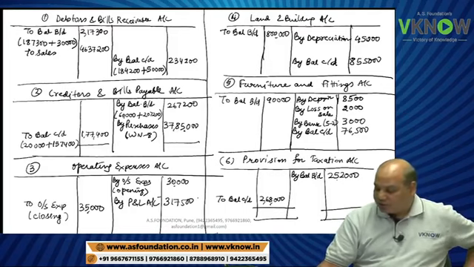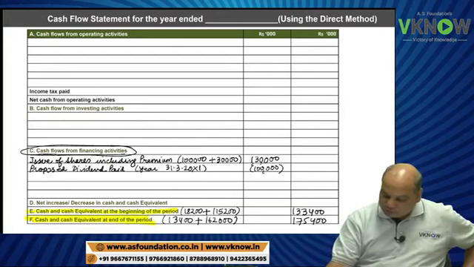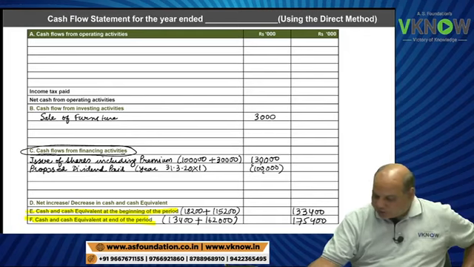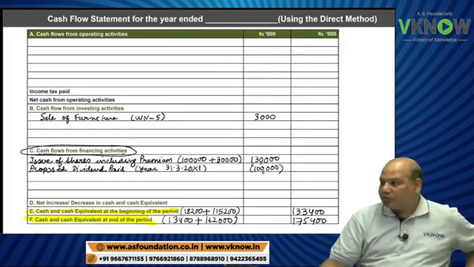That 3,000 is the sale of furniture. Please come to the cash flow statement, investing activity, sale of furniture, positive number 3,000, working note number 5.